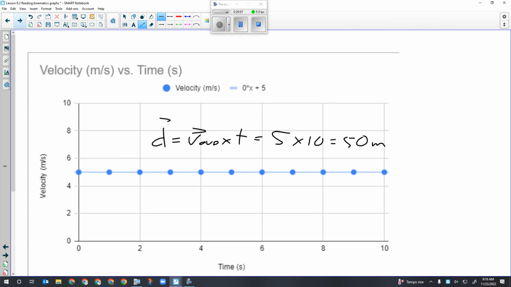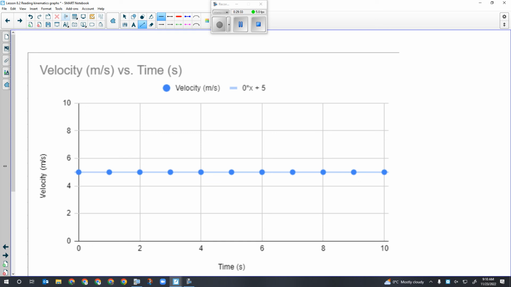All right, so on this velocity versus time graph, what does that object do? They have a constant velocity. Staying at a constant velocity of 5 meters per second.